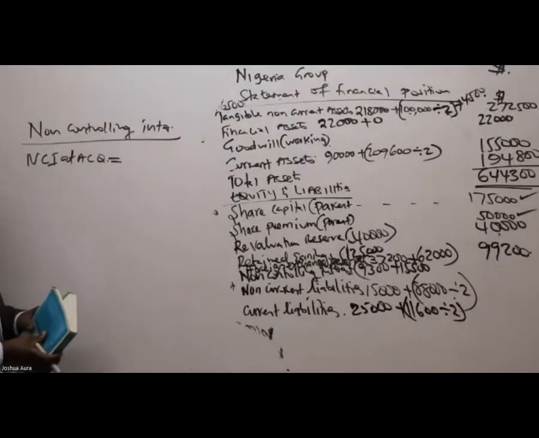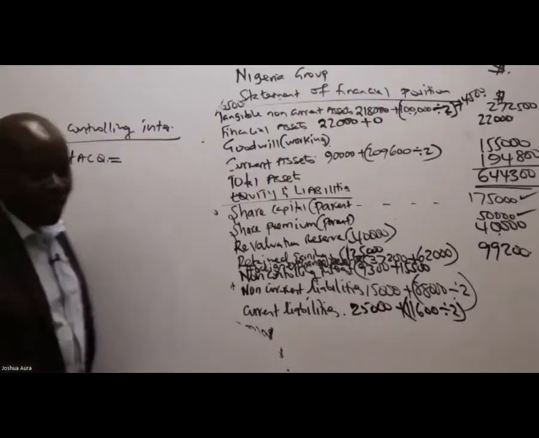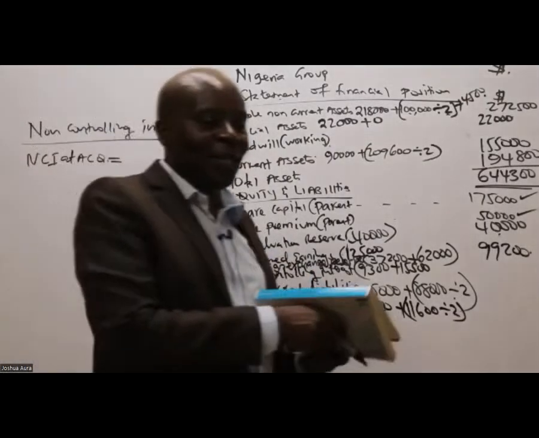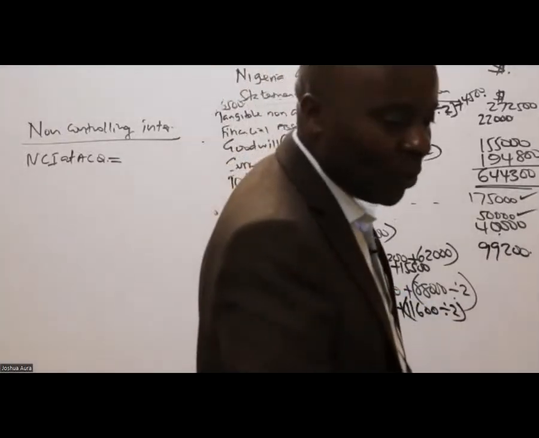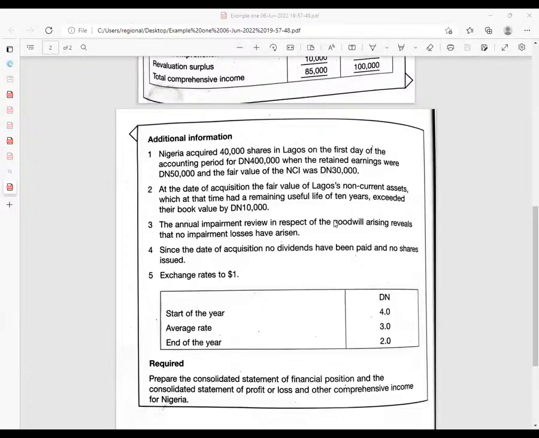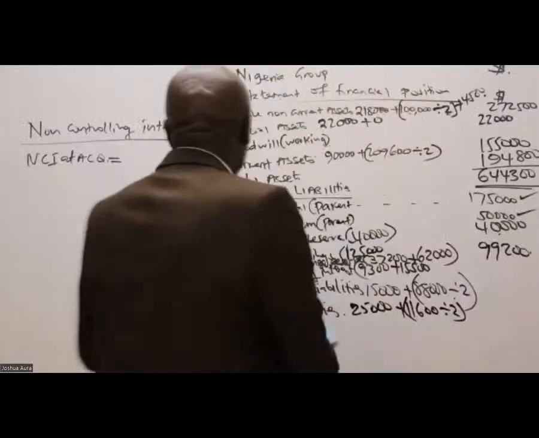NCI at acquisition is here: 30,000. Fair value at acquisition 30,000.